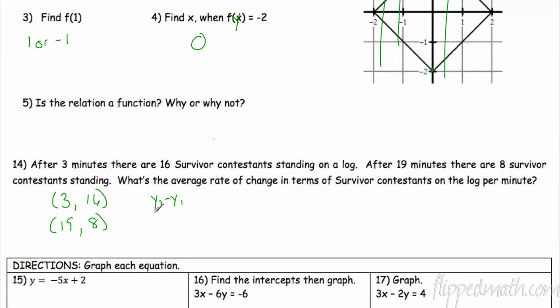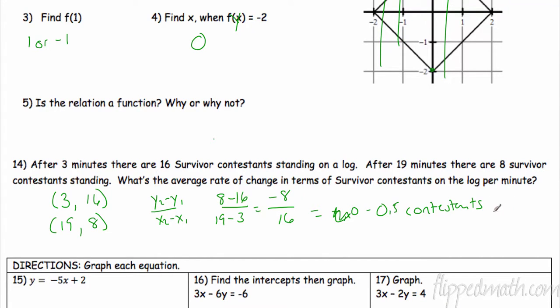Remember, y2 minus y1 over x2 minus x1, so that's 8 minus 16 over 19 minus 3. 8 minus 16 is -8. 19 minus 3 is 16, so that is -0.5. And remember, you need to have a label for any rate of change, so contestants per minute.